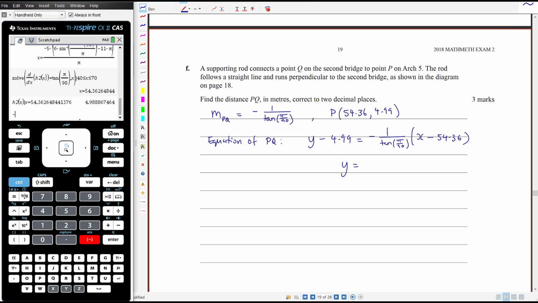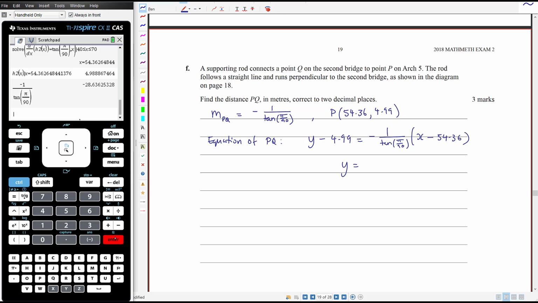So the gradient is negative 1 divided by tan of pi on 90, so the gradient is about negative 28.636 x, and then we're going to have, it's that times negative that, isn't it?